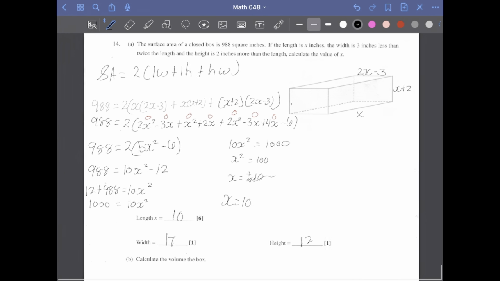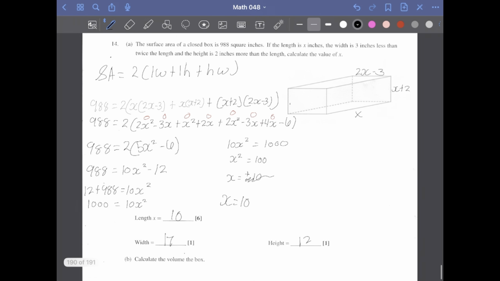And you could always check. This is the formula for surface area. Let's substitute these values in. 2 times length, which is 10, times width, which is 17, plus length, which is 10, times height, which is 12, plus height, which is 12, times width, which is 17.